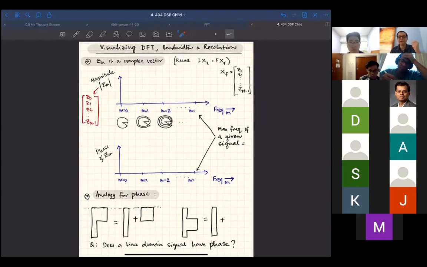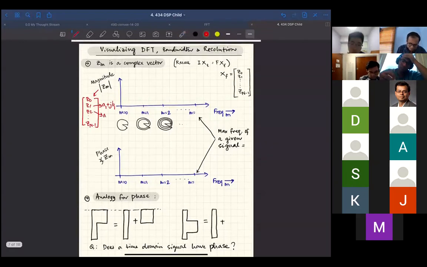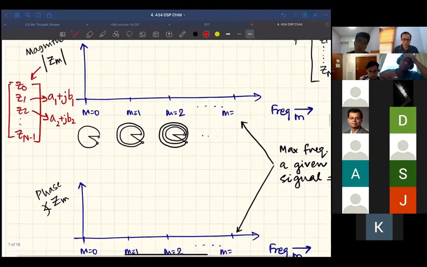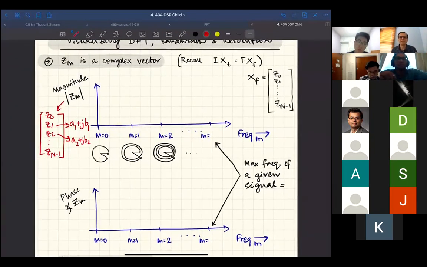One way to visualize is the following. Imagine each of these Zi, Z1 is A1 plus jB1, Z2 is A2 plus jB2, and so forth. One way to visualize complex numbers is you take the magnitude and the phase.